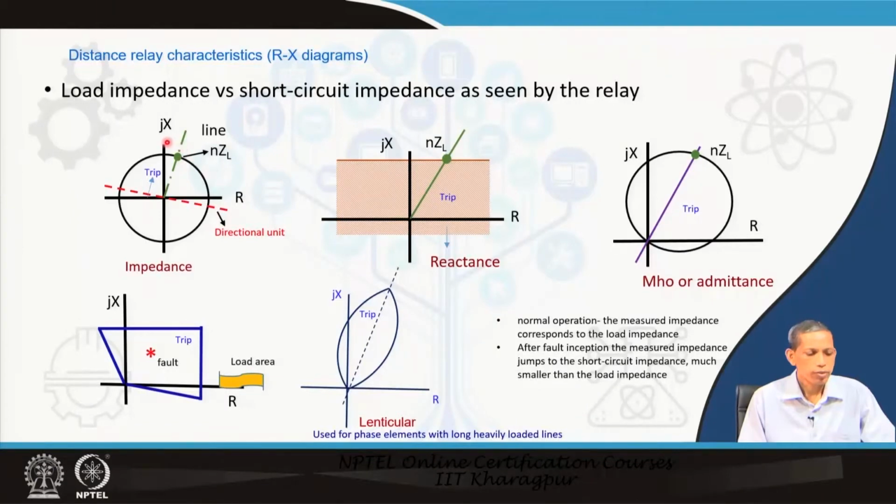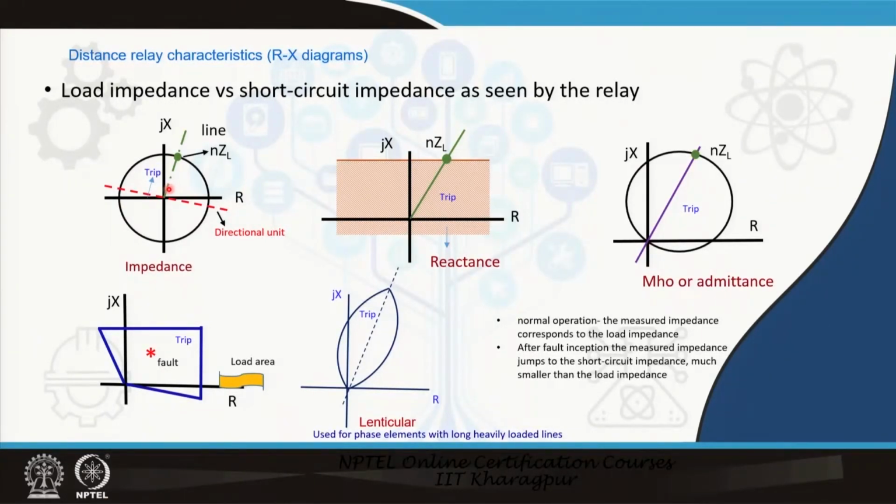The first one is called the impedance characteristic. Whatever setting ZL, the line impedance, whatever percentage of line, 100%, 80%, 90%, whatever we like to put with a distance relay, that setting is a circle from the origin. So, this is the impedance we are concerned about.